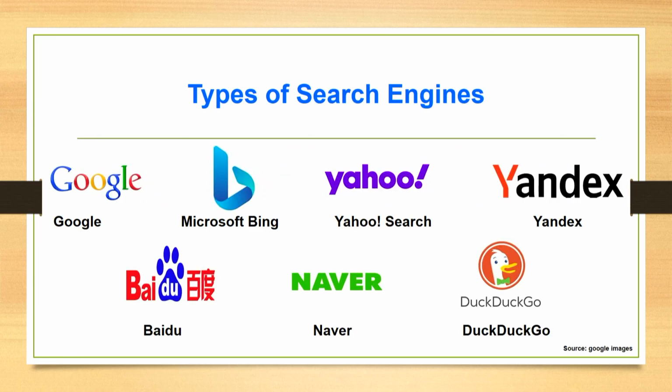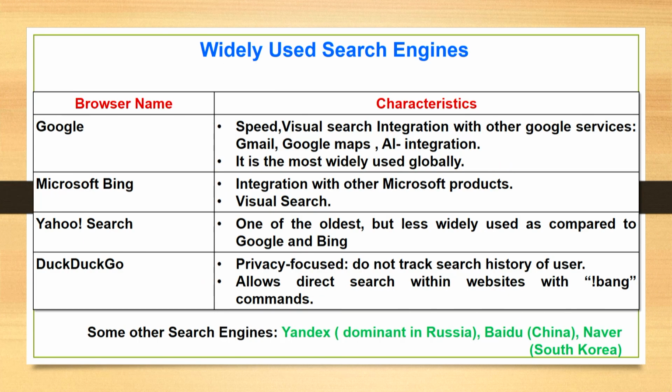There are various types of search engines available. Google is known to everyone. Apart from that, we have Microsoft Bing, Yahoo Search, Yandex, Baidu, Naver and DuckDuckGo. I will discuss only the widely used search engines and their characteristics.